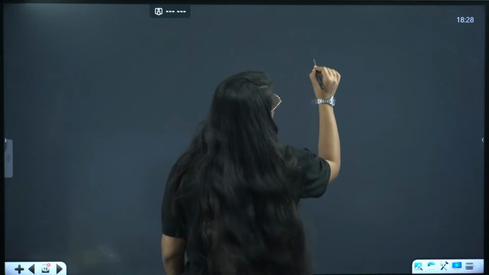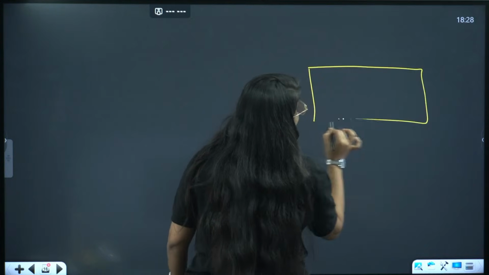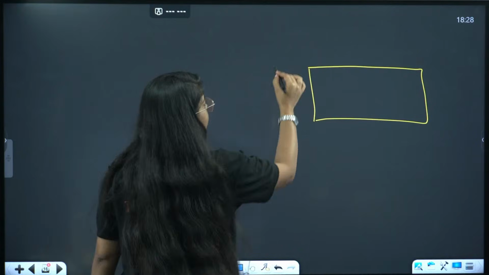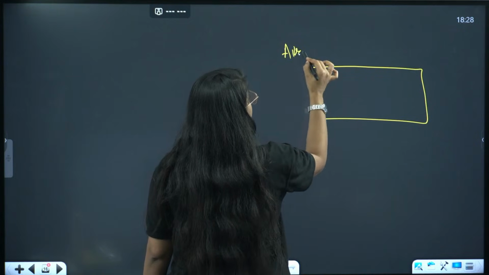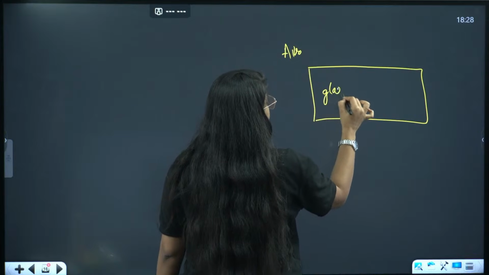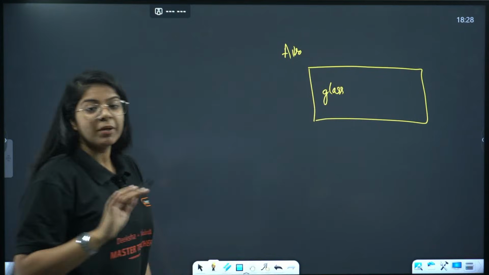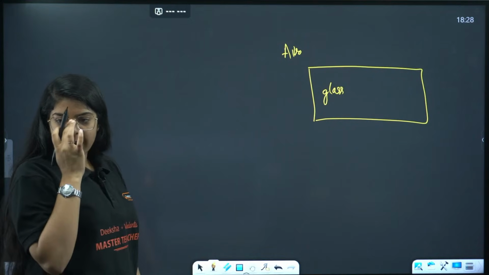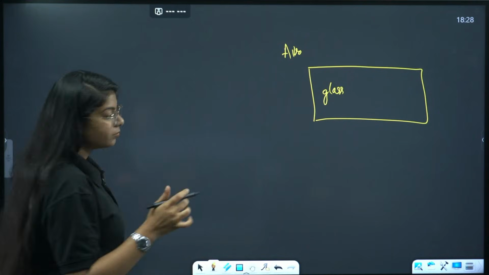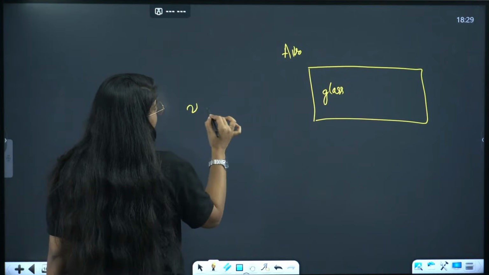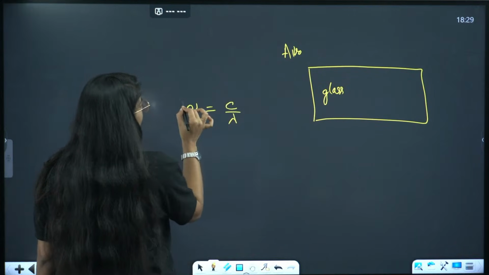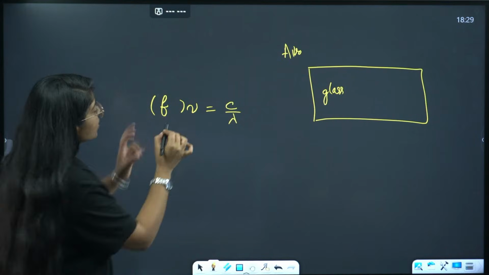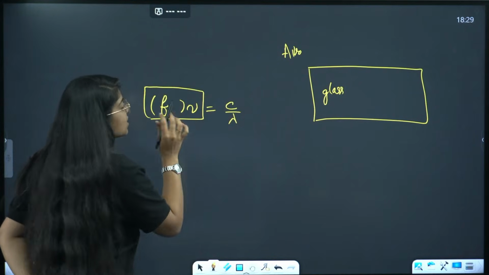Devdas is saying that refraction is happening and the light is going from air to glass. This is air, this is air and this is glass. Here you will be using a formula which is a bit higher, but let's see. Nu is equal to c by lambda. This nu is frequency. The frequency of the incident light is fixed.